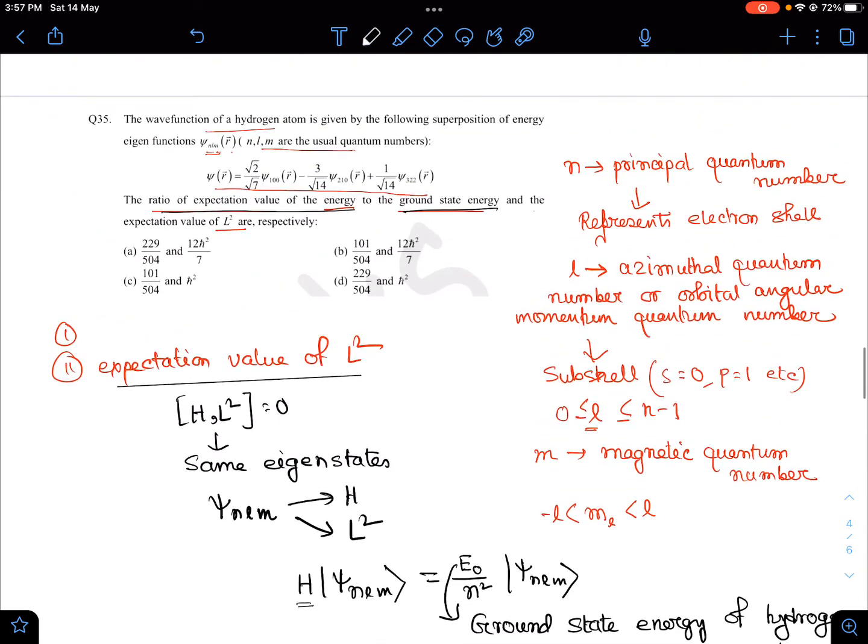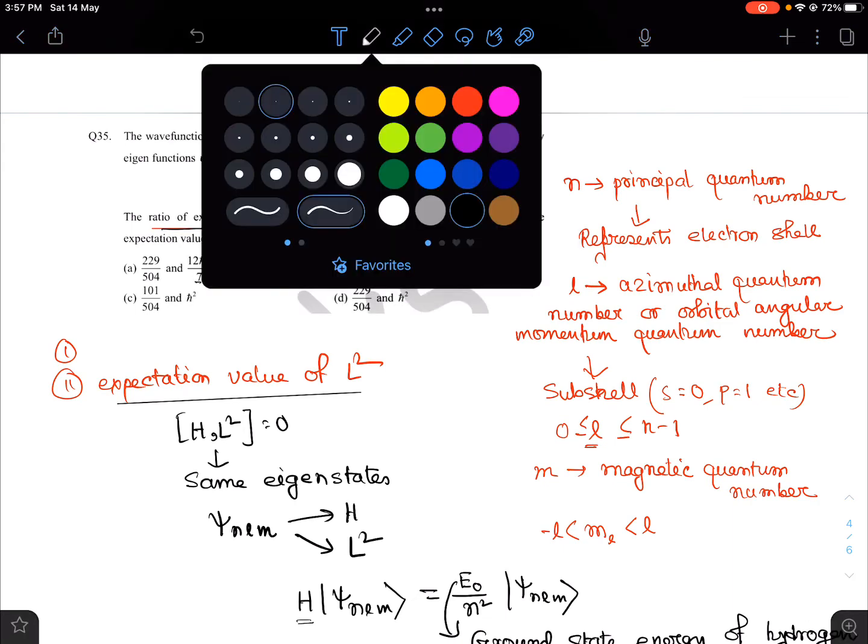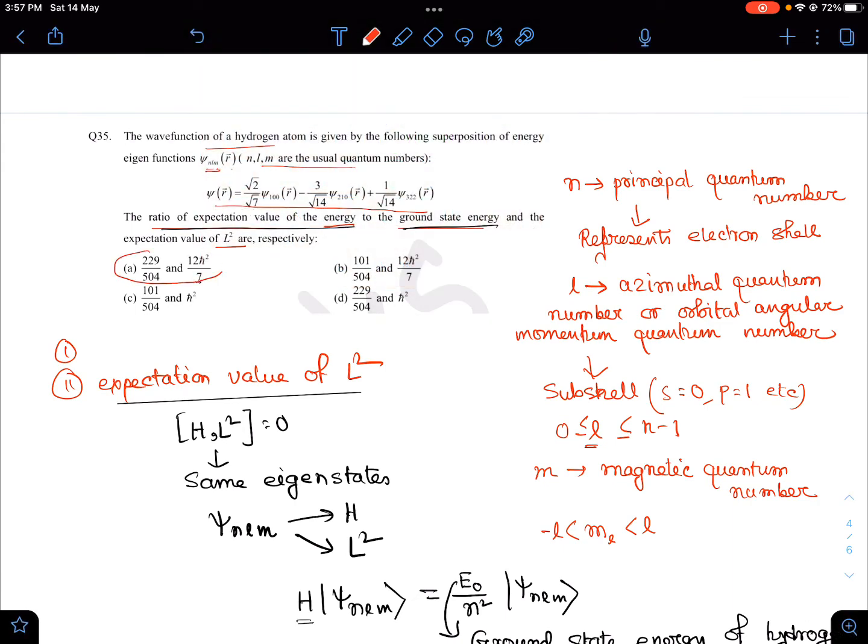So let us check. Yeah, so the correct option is the first one. So what we have learned: we are given the wave function of a hydrogen atom, and in the wave function we are given different quantum numbers.